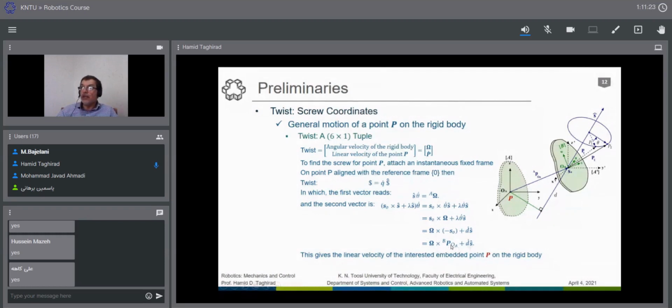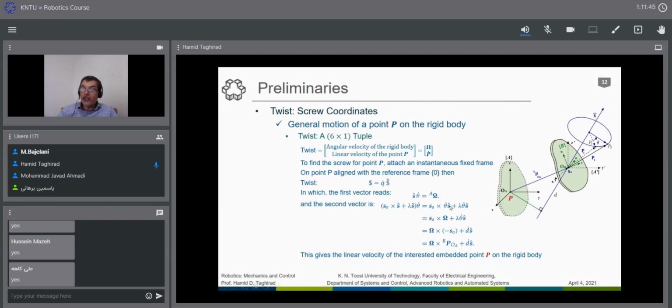What does it mean? This means that the second equation gives the velocity of this particular point P, on which we have put our base frame.